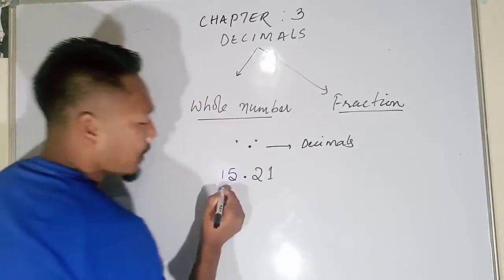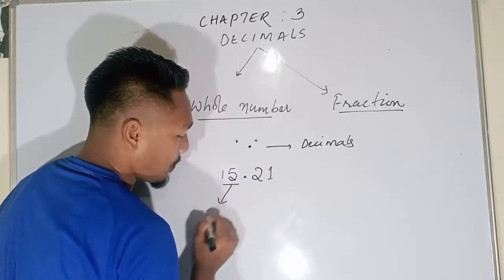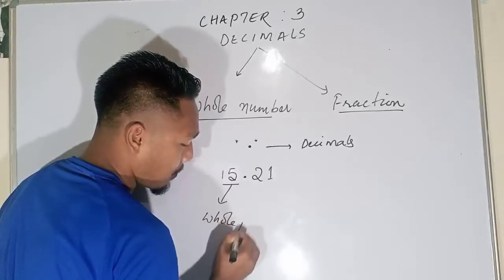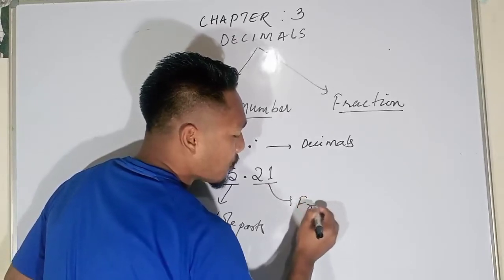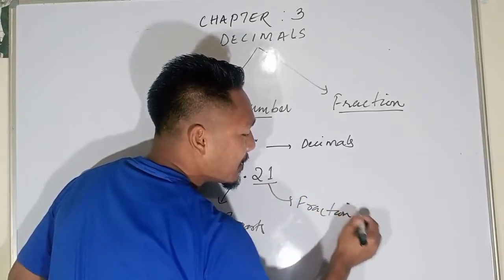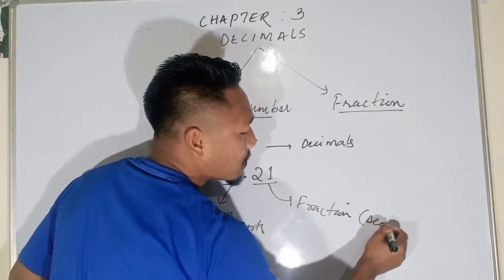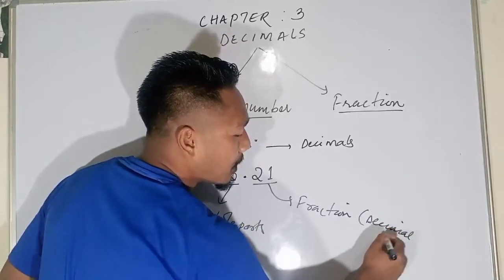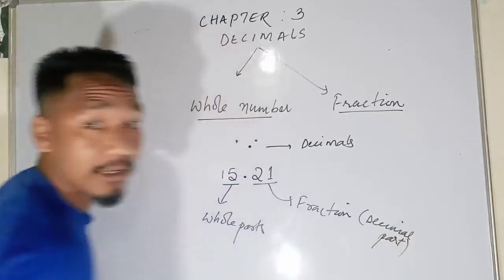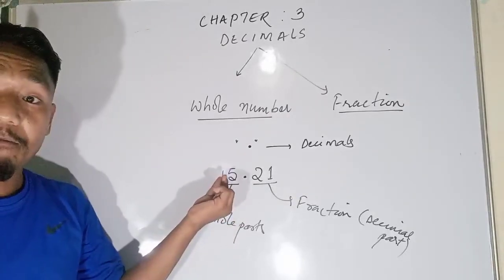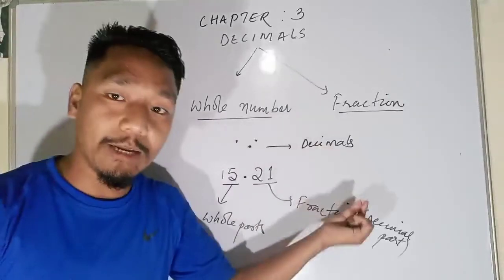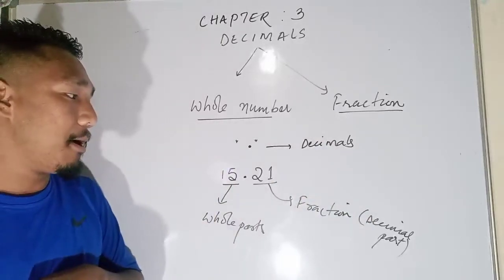We know that 15 here is the whole number part, yes or no? 15 is the whole number part, and 21 is the fraction, or what we call the decimal part. Got it? The number which is in front of the point is the whole number part, and the number which is behind the point is called the decimal part.